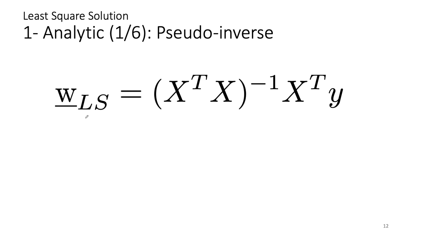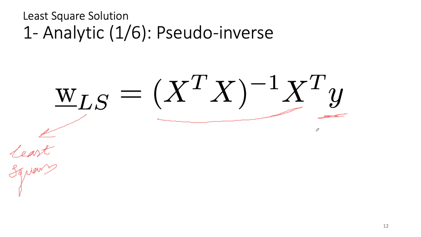So the W of least square can be computed by multiplying this matrix to your y, to your labels, right?